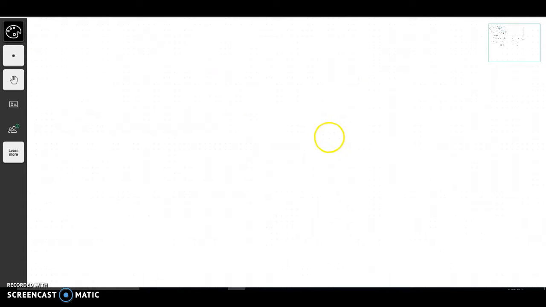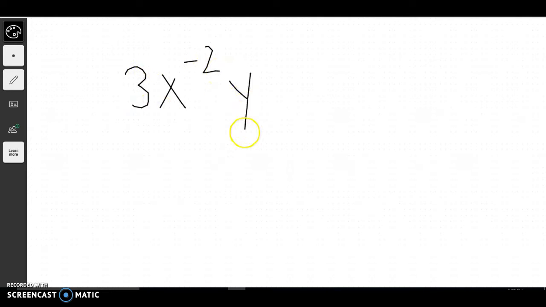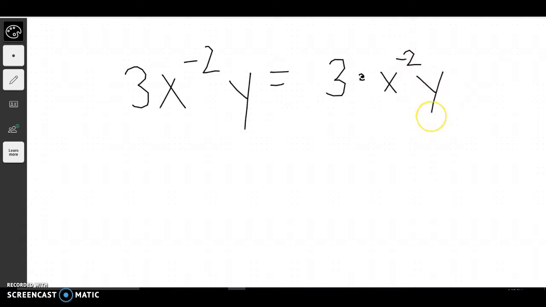Let's do more complicated things now with variables. So let's say I was given this expression right here. Again, the first thing I want you to do for any of these problems is separate them. Next, we don't really want to have negative exponents ever.